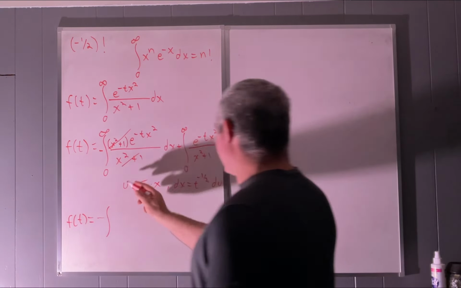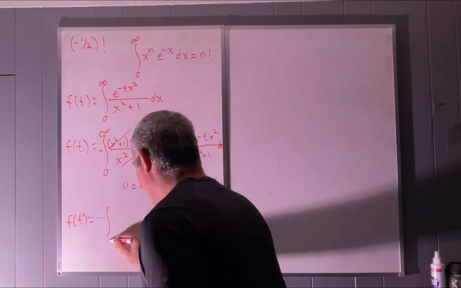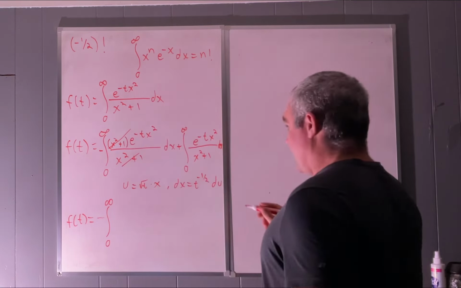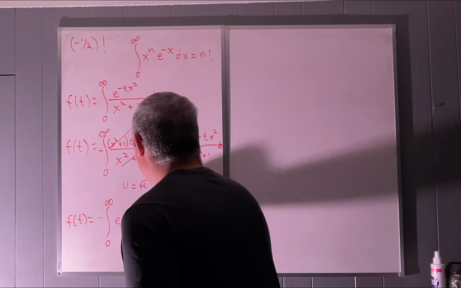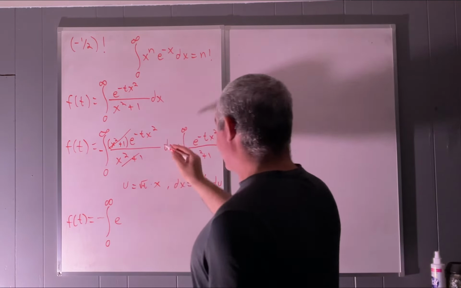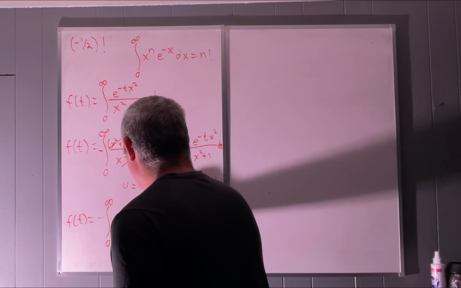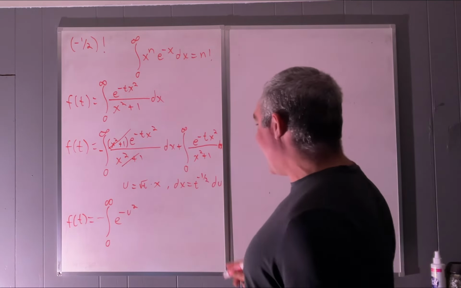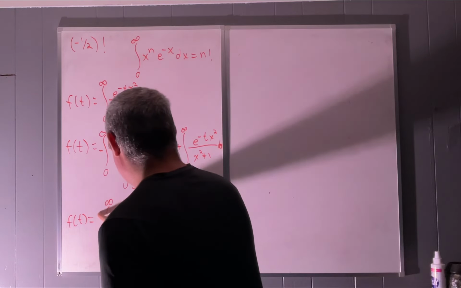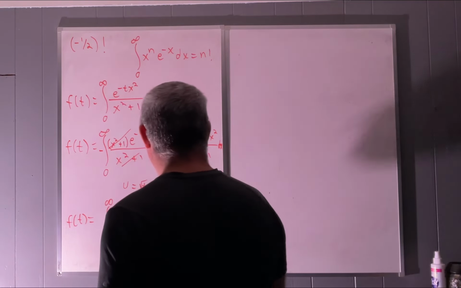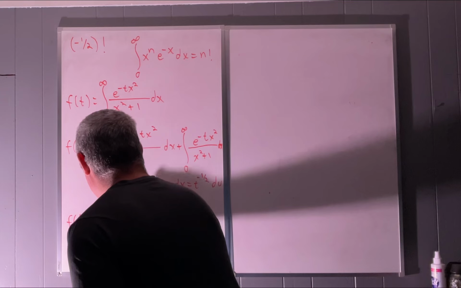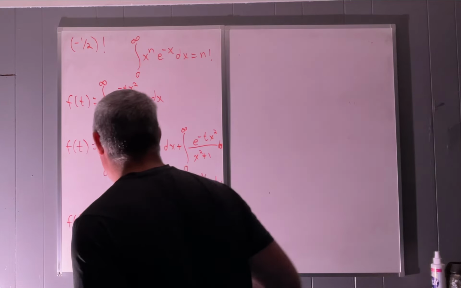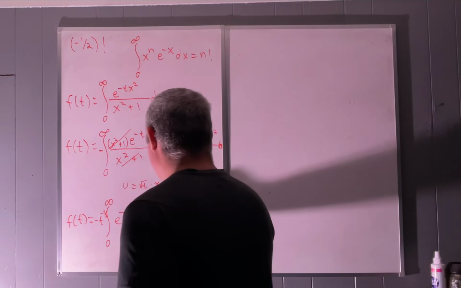Will this affect our bounds of integration? No, it will not. So we still have 0 to infinity of e to the negative u squared. That was the whole point of that substitution. And then dx is simply t to the negative 1/2 du.